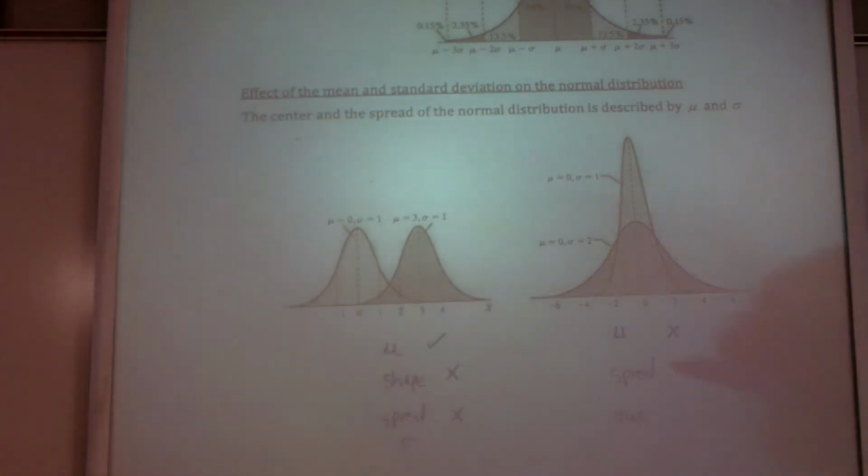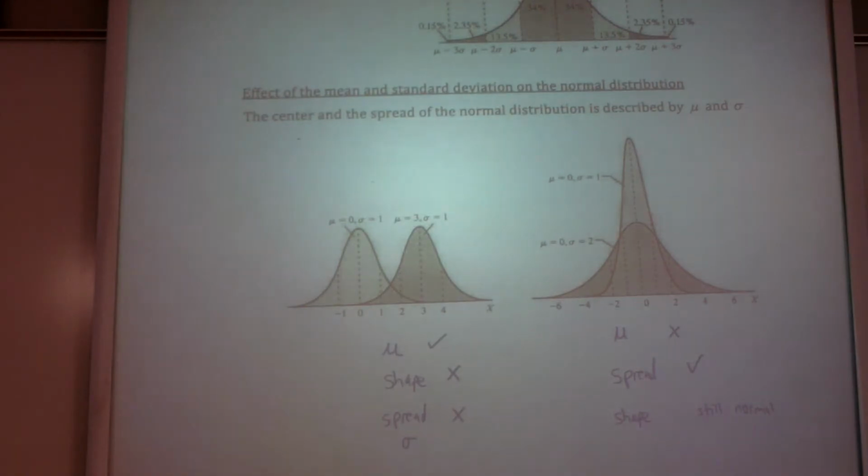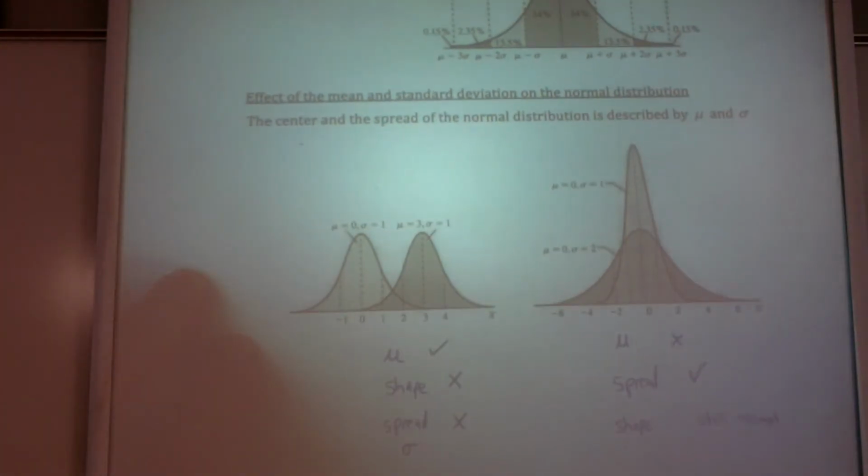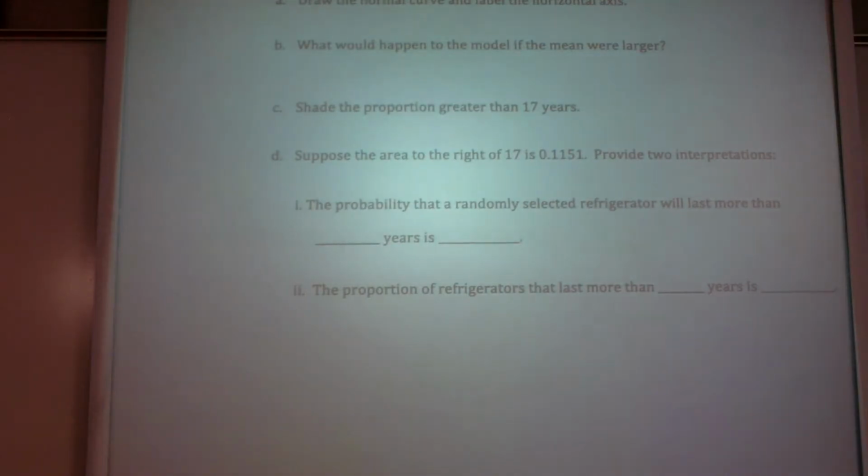These both do. So I'm going to say it's still normal. There are an infinite number of normal curves out there that follow 68, 95, 99.7. They don't have to look the exact same, but they do need to be single-peaked, bell-shaped, and follow 68, 95, 99.7.